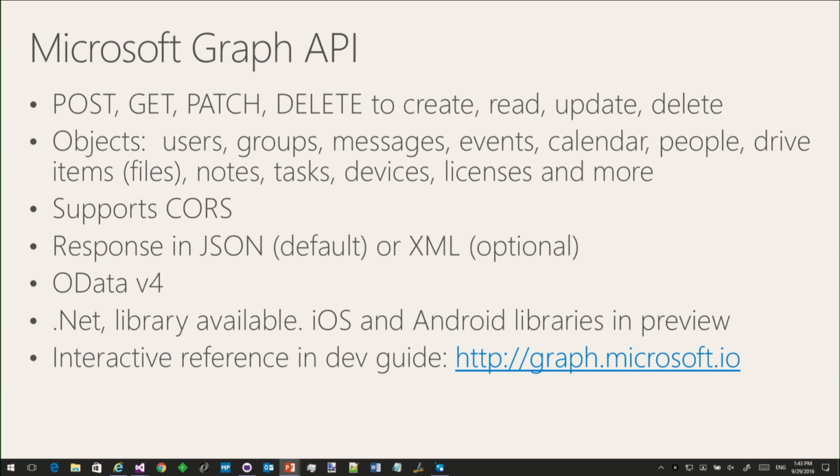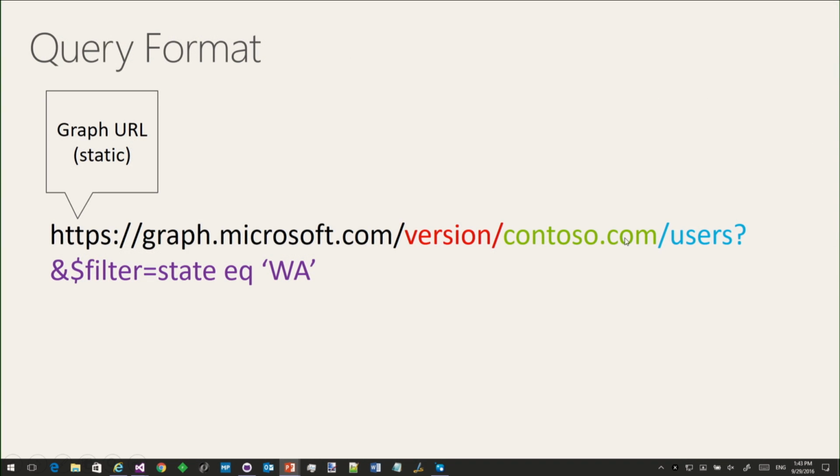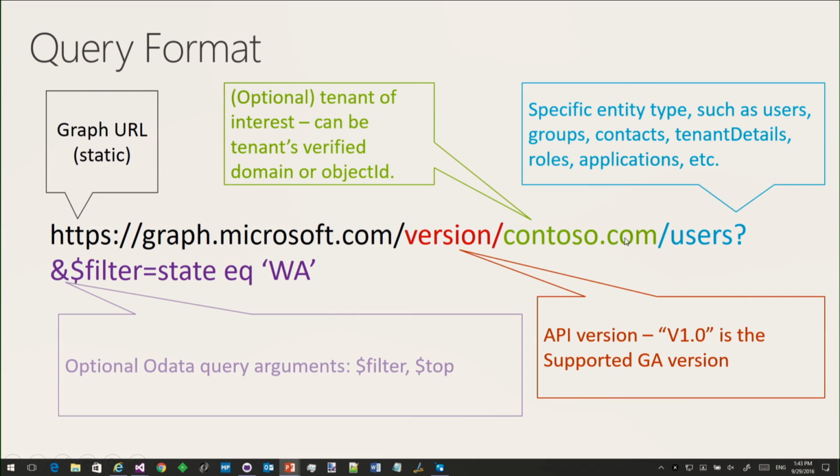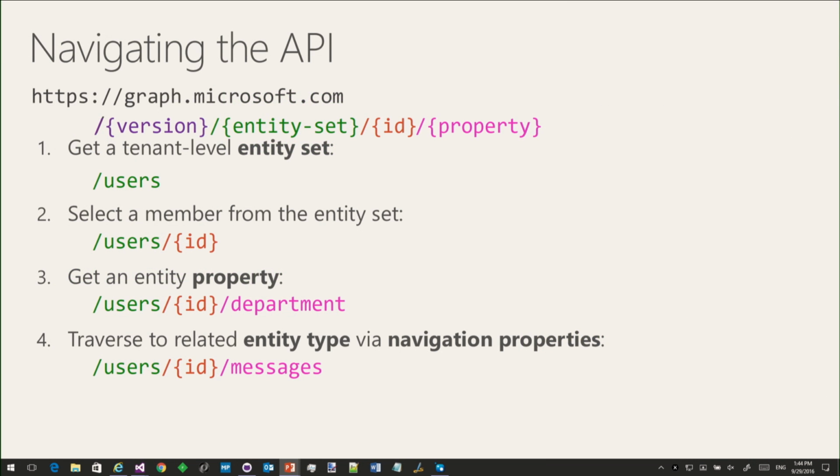Very handy. It's a classical data API, so very straightforward. We have libraries for dealing with it, or you can write it directly on the wire, which is what I prefer. The structure for making calls is very easy: here I want to talk to the Microsoft Graph, this is the version I want to use, this is the tenant I want to use, this is the entity that I want to query. Then OData allows me to specify, in even more fine-grained detail, the kind of results I want.